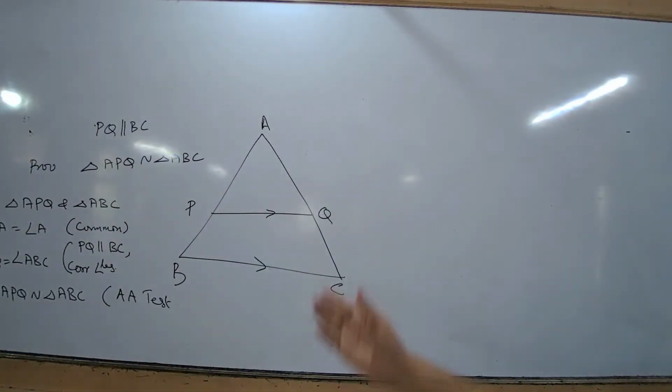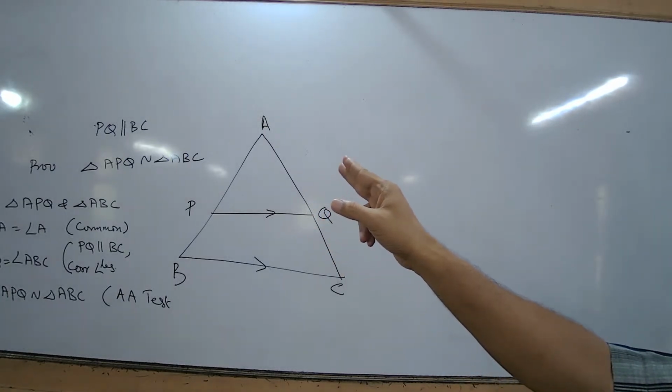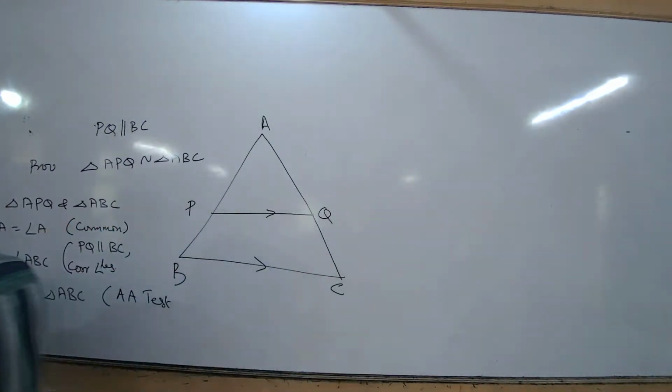Now look here. If this question comes, it is 2 marks, 2 lines only. It can come as a 3 mark question instead. They may ask, prove that the ratio of the sides is AP upon AB is equal to PQ upon BC is equal to PQ upon AC.